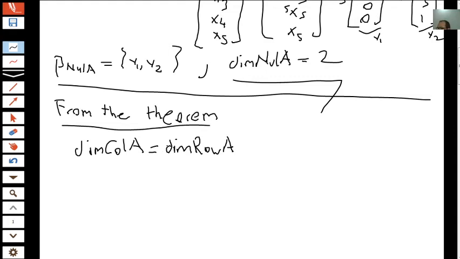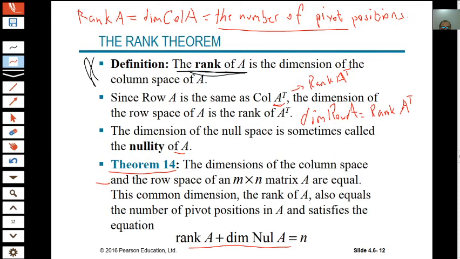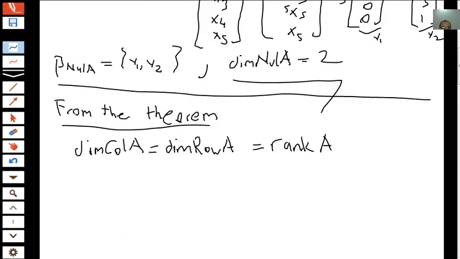Also, this is equal to the rank of the matrix A from the definition of the rank. From the definition, it is equal to the dimension of the column space. Therefore, we can write this term also.